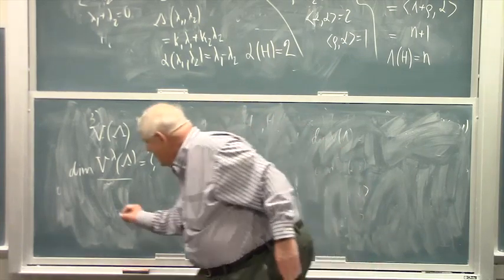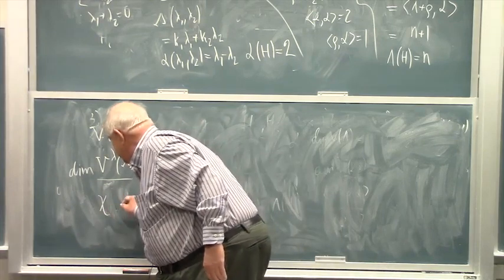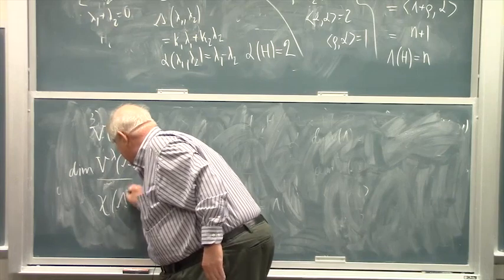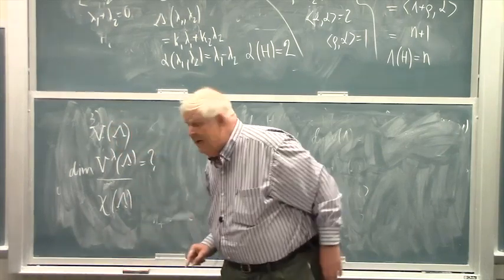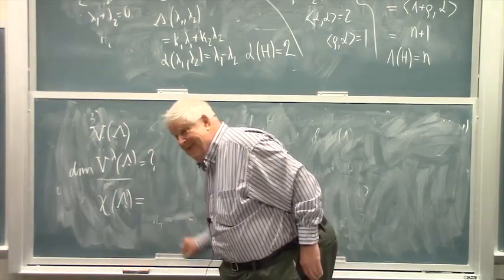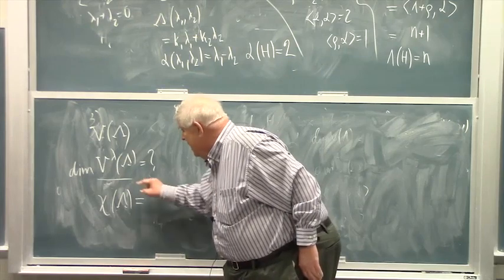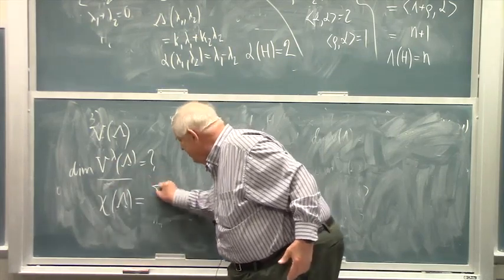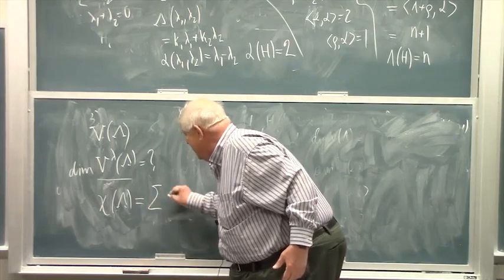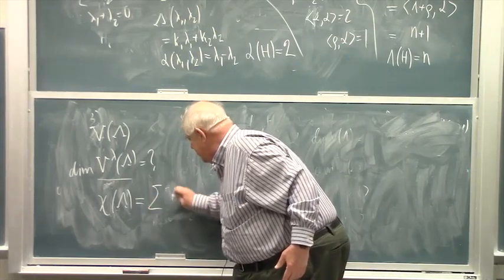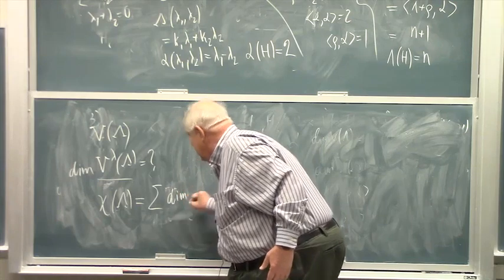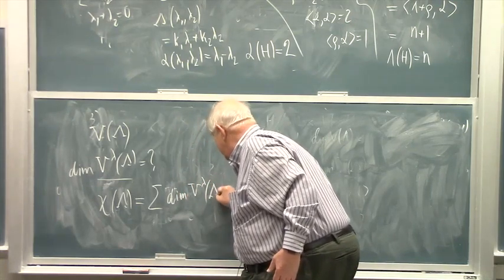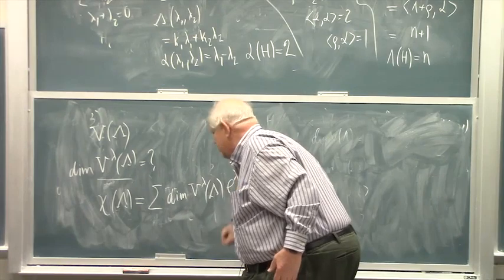Let me write some cryptic character, chi of lambda. First definition: what I need to know are these dimensions. And I write, this is the sum of the dimension of V lambda of lambda, and here I write e to the power lambda.